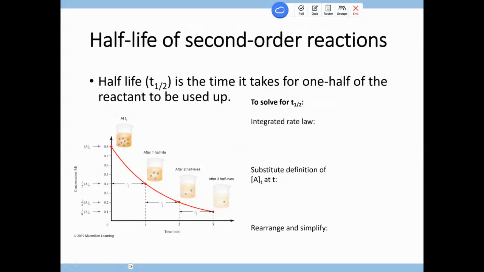So remember, a half-life is the time it takes to use up half of the initial concentration. We went through this derivation for a first order reaction on Wednesday. We'll do this for second order. We will start with that integrated rate law.